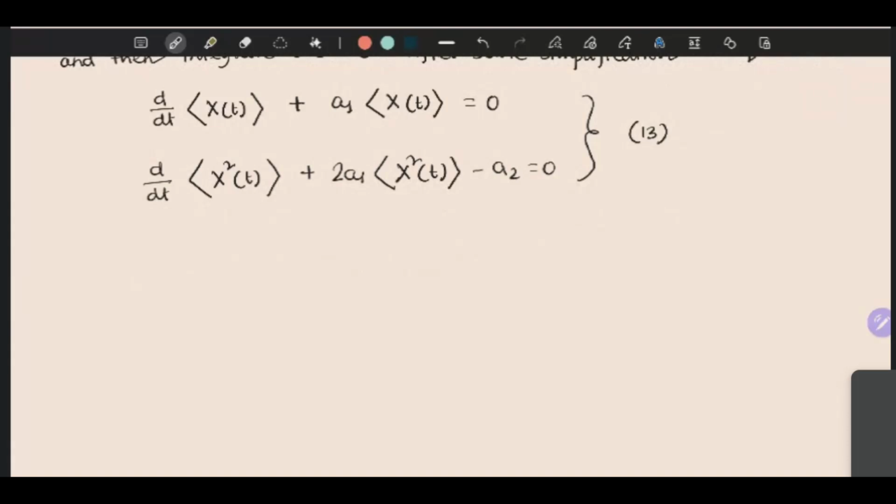Now it is important to see that this average is the conditional average, that is, they are averaged over all possible realizations of the trajectories for the random process, given that the initial condition is x naught.